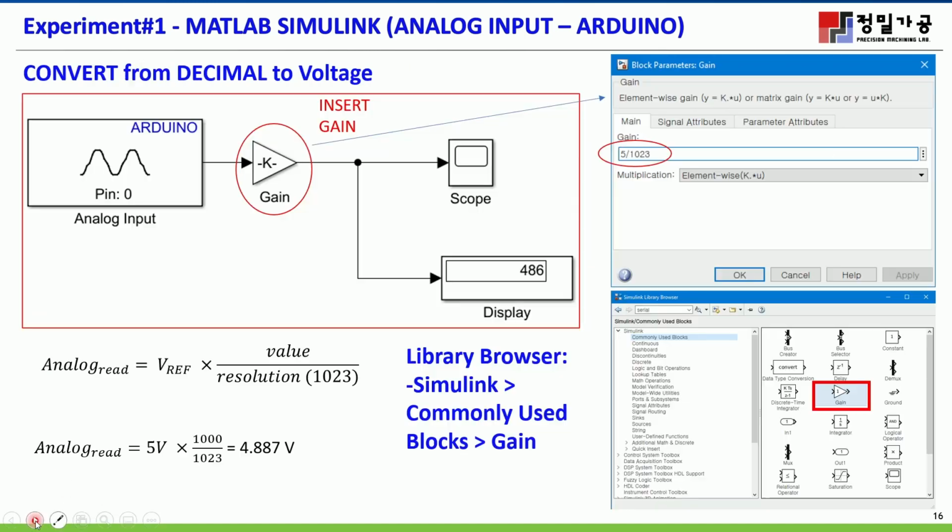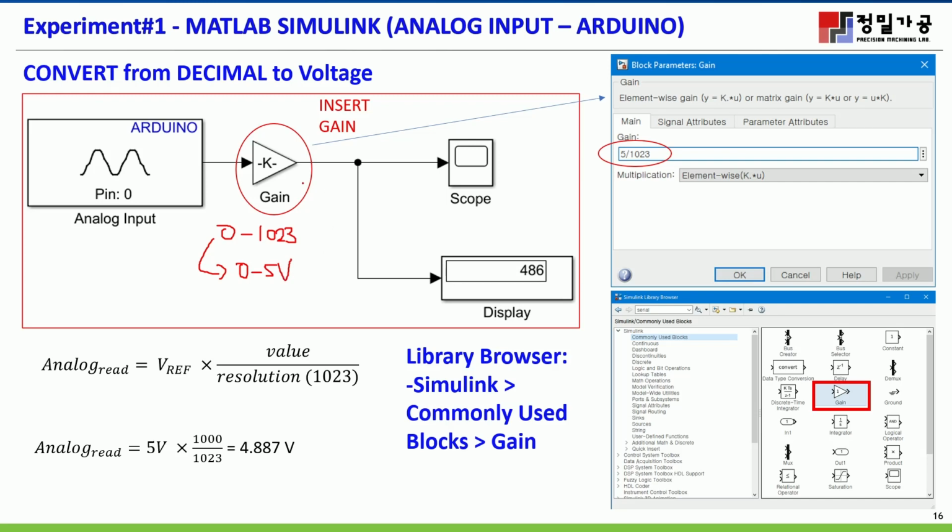Okay, what is the next experiment? For the next experiment you have to convert here, because this analog input is a number, as you already know, from 0 to 1023. We have to convert this number to 0 to 5 volts.